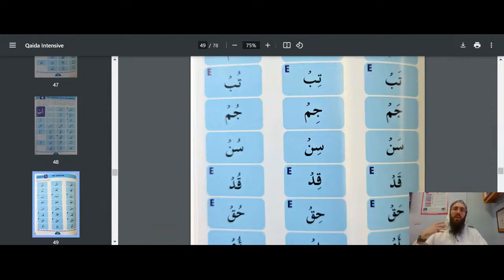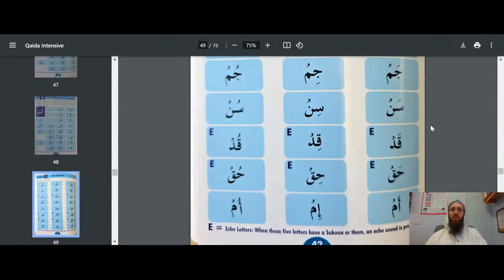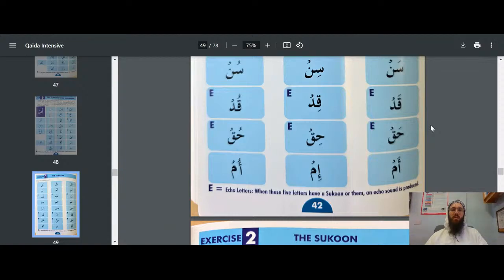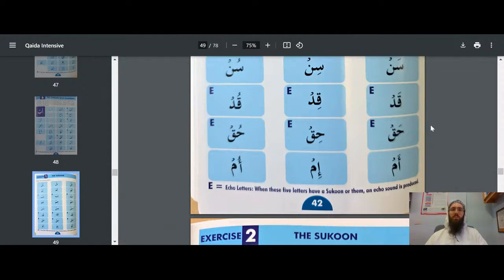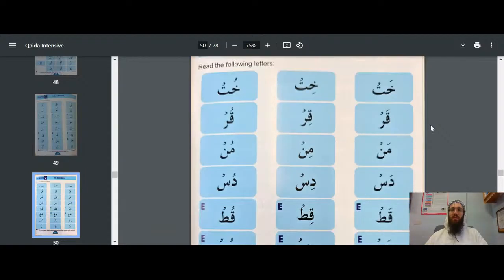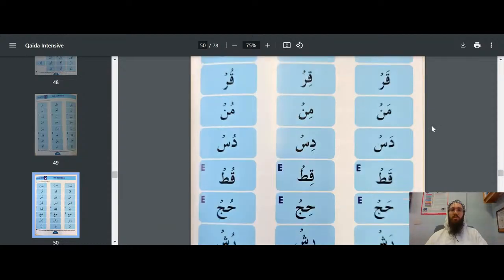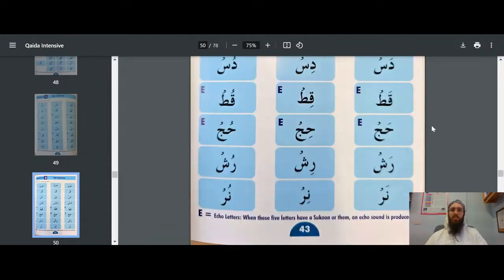It's just a bit of a natural echo sound that comes in the Arabic. Not qada, but qad, qid, qud. Haqqa, hiqqa, huqqa. Im, khat, khit, khut. Now you practice the rest. Pause it here. Last row, 2 rows.